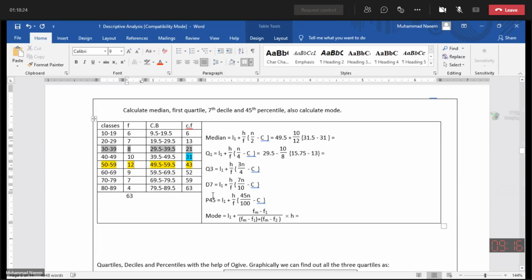Remember this one. Above this Fm, we have F1, and below this we have F2.